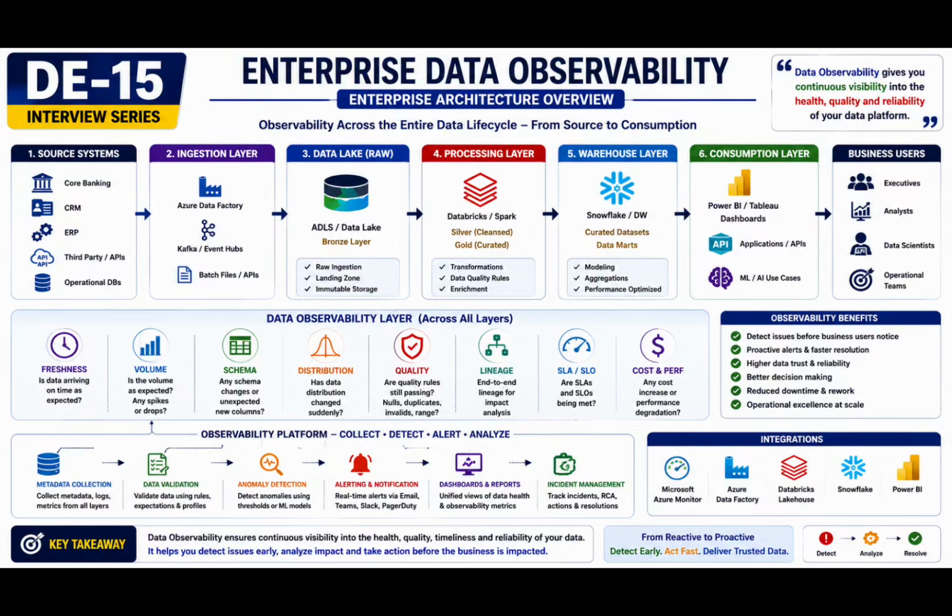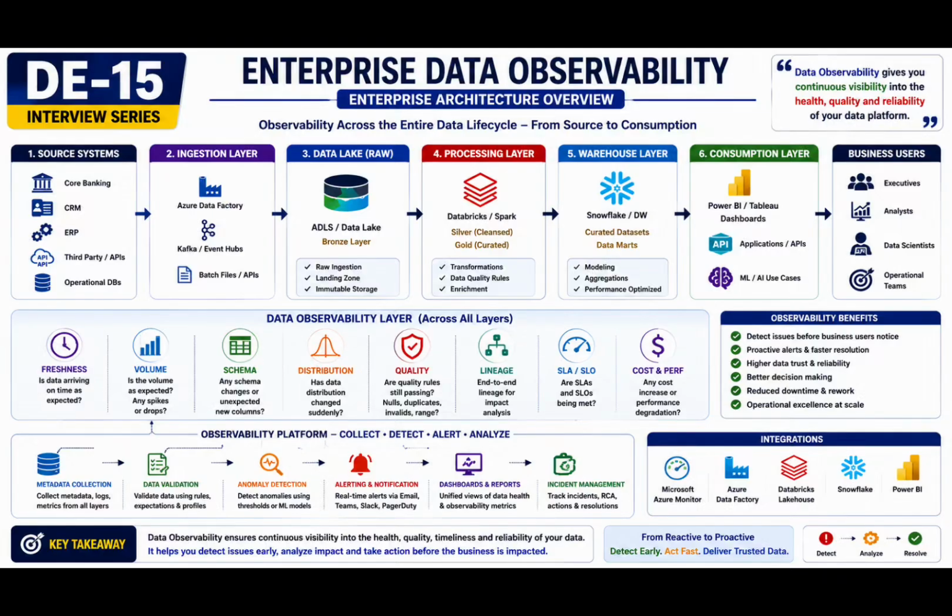For the ingestion layer, we can monitor file arrival, latency, pipeline execution, and failure information. At the data lake layer, we can monitor file count, file size, partition availability, and late arriving data. At the processing layer, we can monitor job status, record counts, processing time, and data quality metrics.